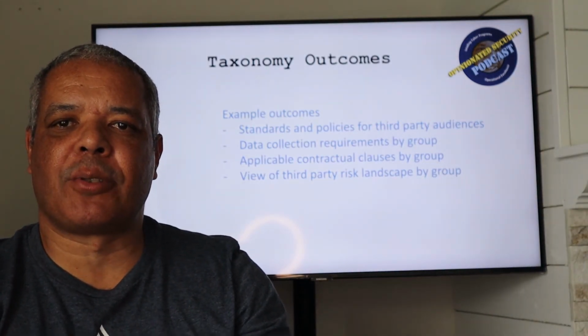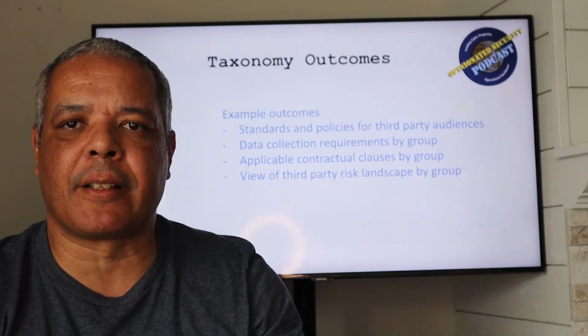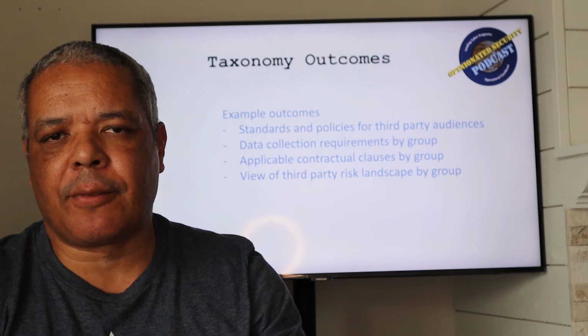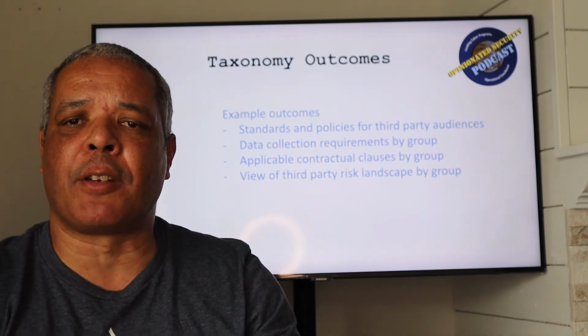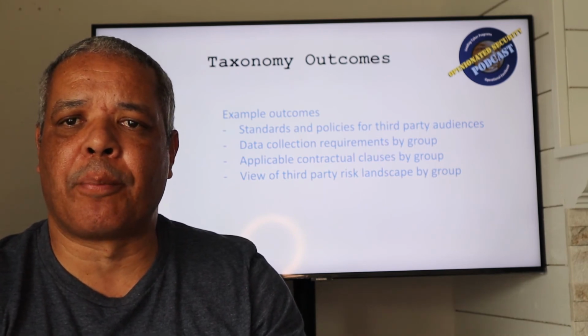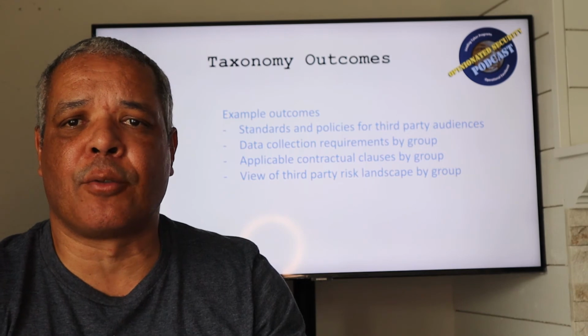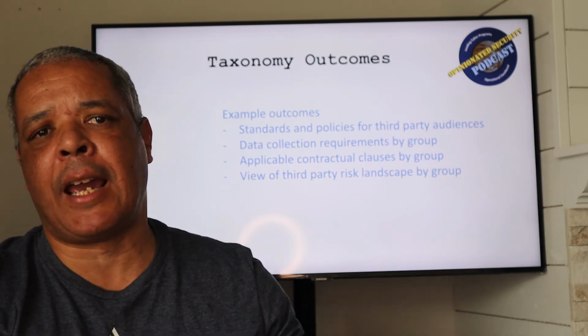So what might some of those outcomes look like when we think through these various taxonomies? First of all, you may end up with a set of standards and policies that you may rewrite specifically for contractors or for third parties, whether that be vendors or individuals. In our organization, we had this employee handbook that was great.